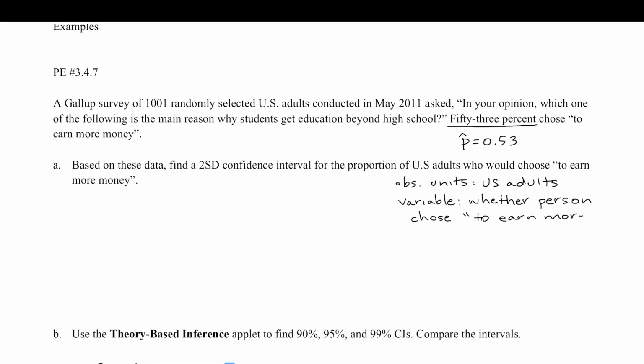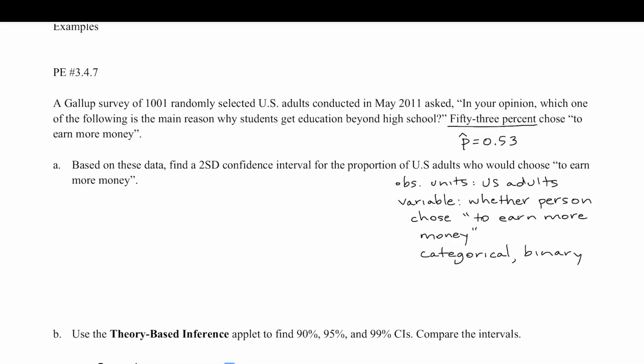So, note to self, we have different ways we could sort of describe this variable. We were not told in this question what the entire list of options was for people to choose from when they were asked this question in the survey. So we could say which option the person chose. But generally we want to have something that is binary, so this variable is categorical and binary.